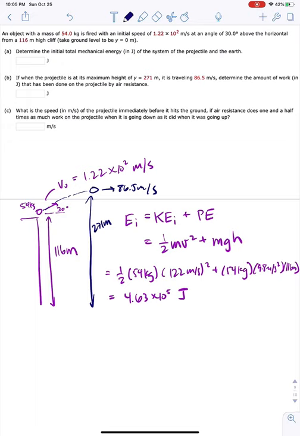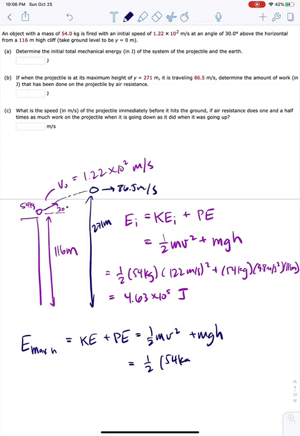Okay, so here our energy at the maximum height is our kinetic energy plus our potential energy, which is 1/2 mv squared plus mgh. So at this point, our mass is still 54 kilograms.